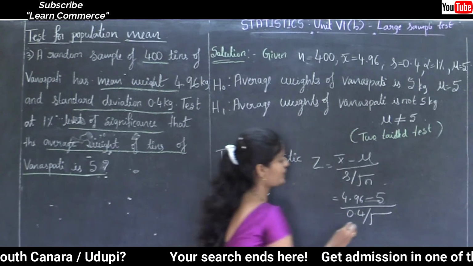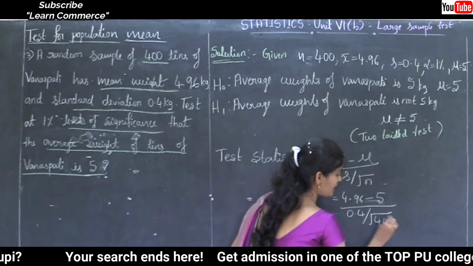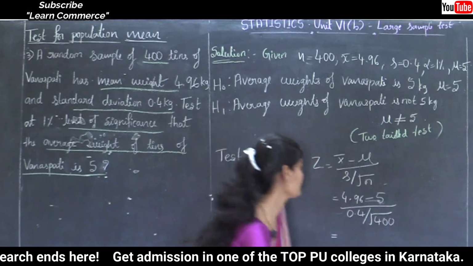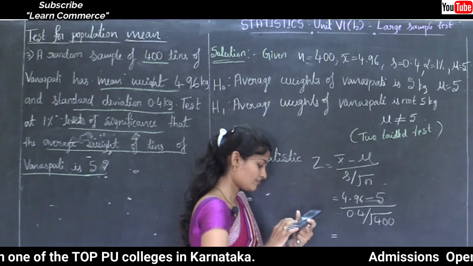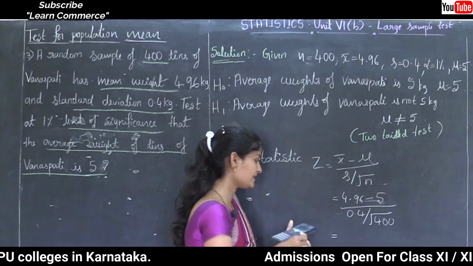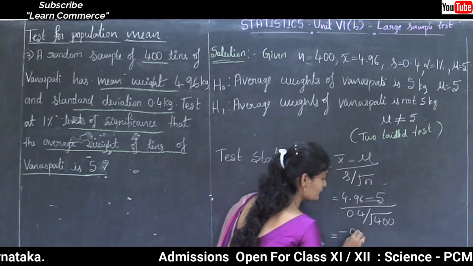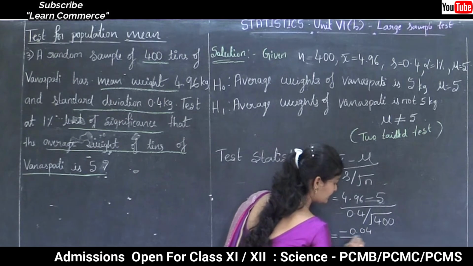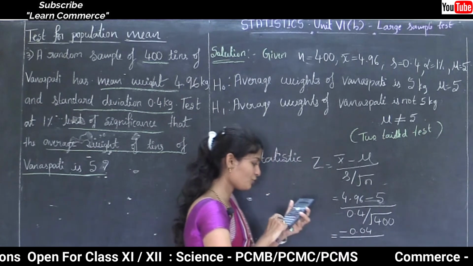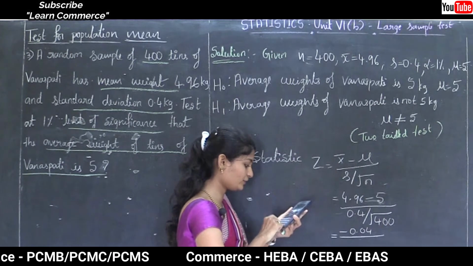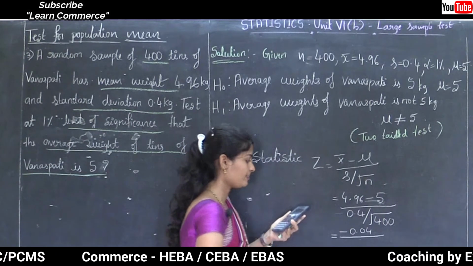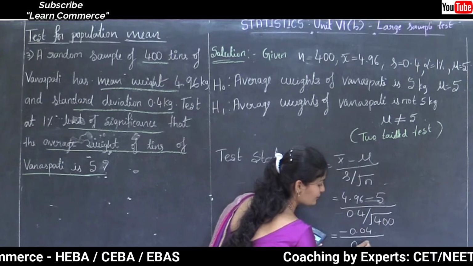Here n is 400. And this is equal to 4.96 minus 5, that is minus 0.04, divided by 0.4 divided by square root of 400, that is 0.02.